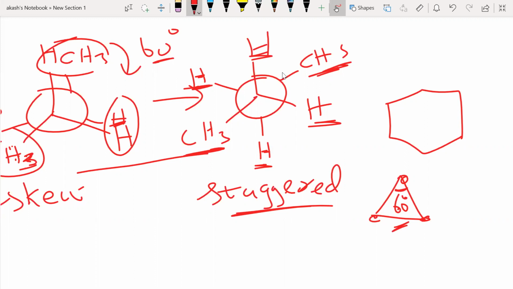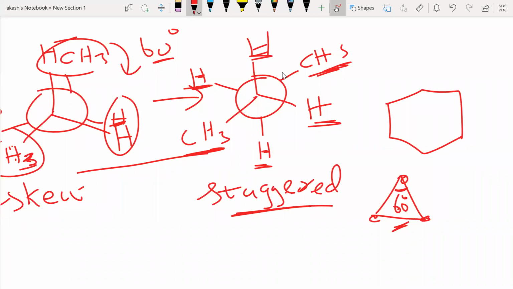That's the point. If at all we want the molecule to have a stable structure, and I have an sp3 hybridized molecule without any lone pairs on them, I know for sure that VSEPR theory says I should have a bond angle of 109 degree 5 minutes.